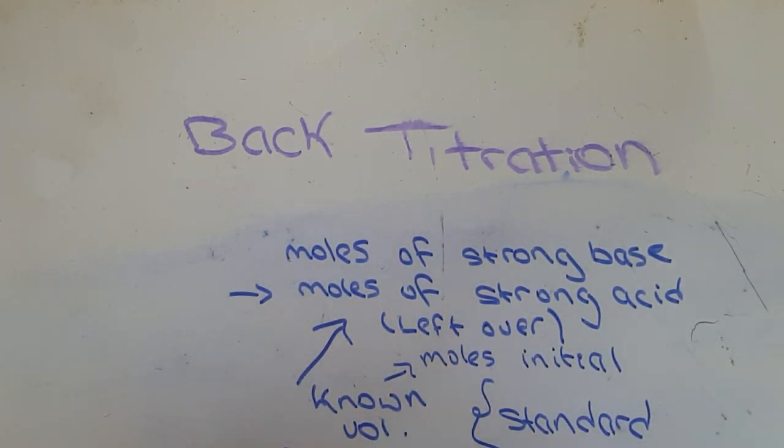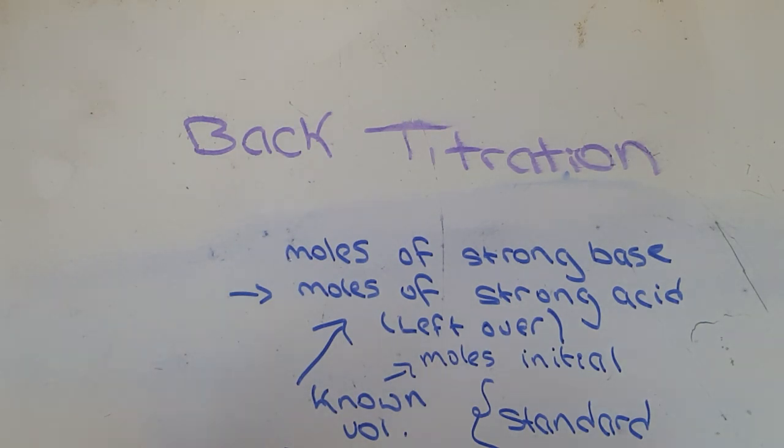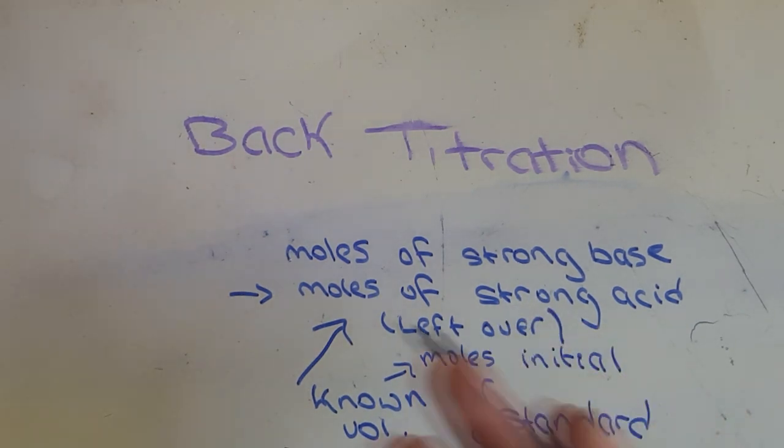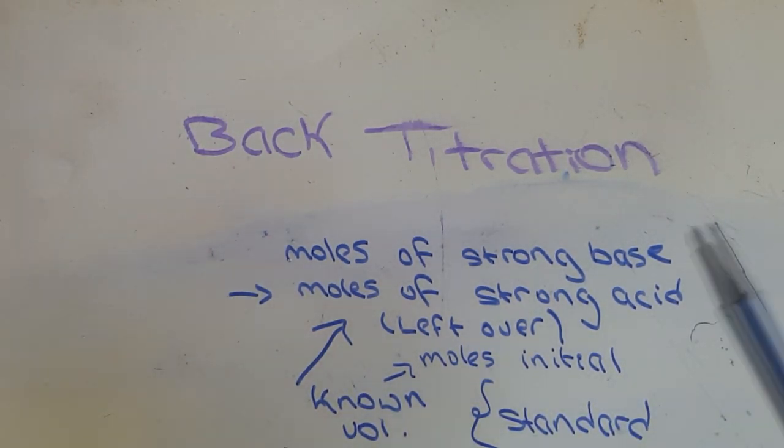So now you see where I'm headed with this. You have the moles of strong acid left over, using the volume of strong acid you used initially, the excess, and because it's a standard solution, you know the concentration. By finding the difference, you would basically know the moles of the strong acid which reacted with, in this case, ammonia.